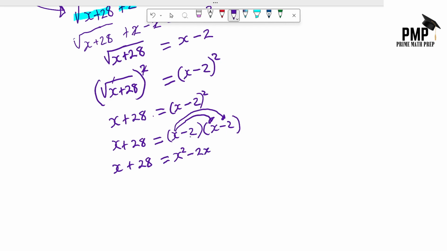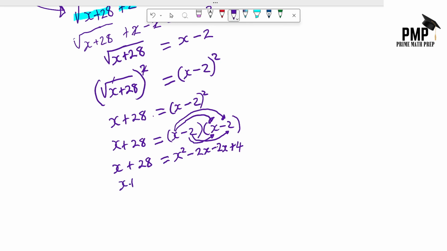We now use the second number to multiply. Negative 2 times x is negative 2x. 2 also will multiply this 2. 2 times 2 is 4. But this 2 has a minus sign in front of it. Minus times minus should be plus, so this is positive 4. We'll continue.